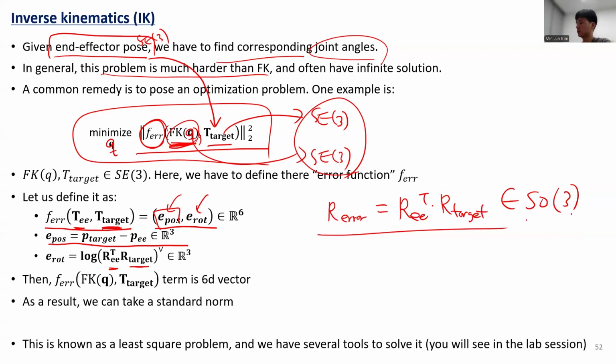It's the difference between end effector rotation and target rotation. But that's again a 3x3 matrix. And the problem of having a 3x3 matrix is, how can we measure the size of it, right?